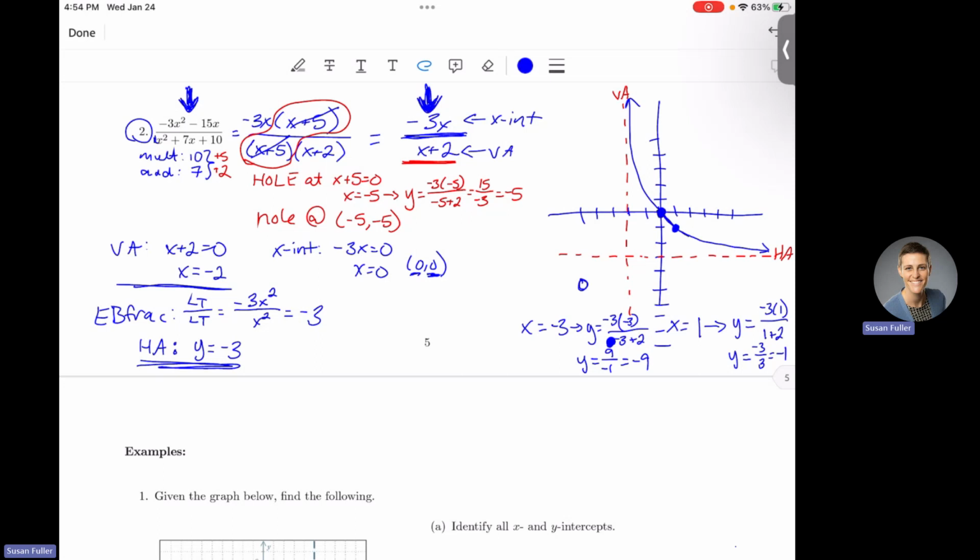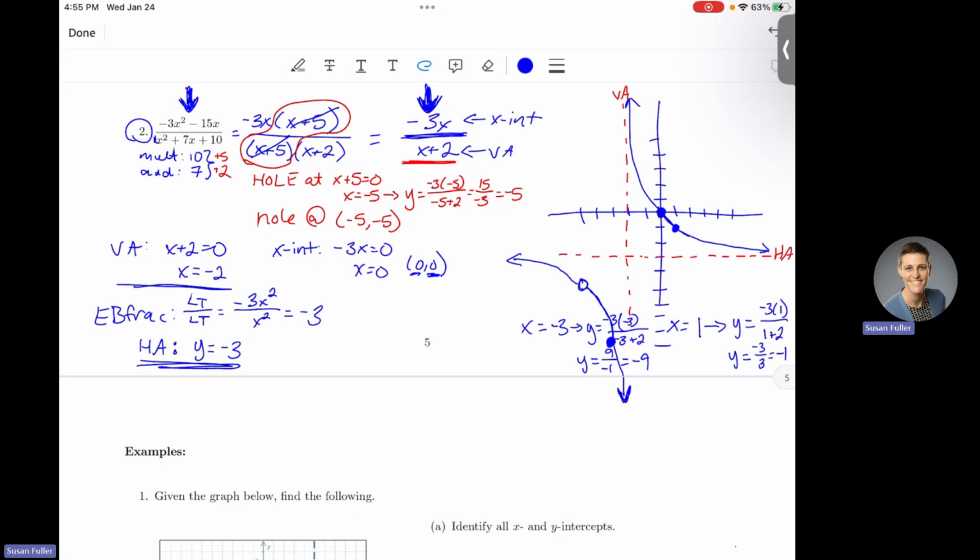And we'll do the same thing over here. Start at your point. I'm going to head up to my hole and connect it, go through the hole, and then go to that asymptote that is there. And we'll go to the other side as well. You'll start at your hole, connect it to the other point, keep going, and then go to your vertical asymptote, because that's where I was headed. So that is what my graph looks like for number 2.